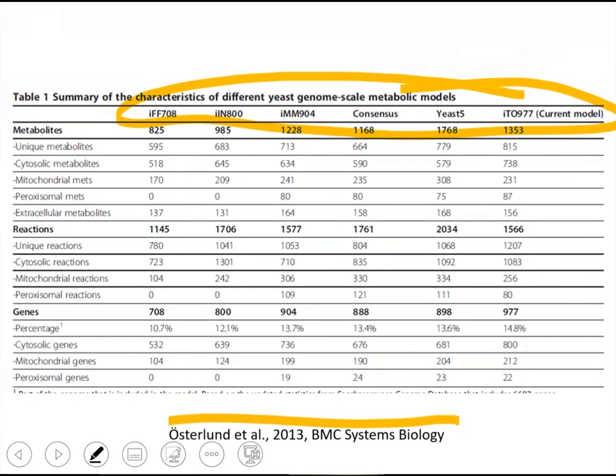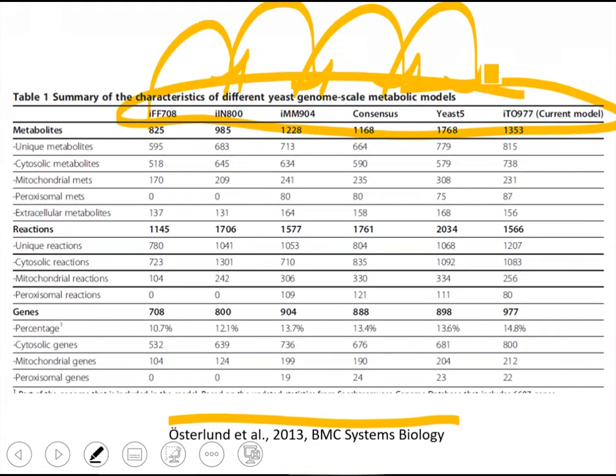That's why you need to update the genome scale metabolic model over the years. With the newly collected information in literature, there will be genes that were not associated with metabolism before, but with new experiments it is known that a specific gene is actually coding for an enzyme that catalyzes a reaction in trehalose metabolism, for example.